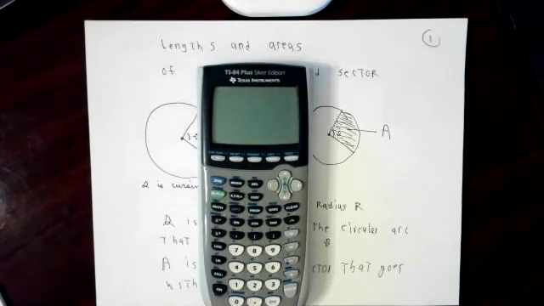There's a calculator issue that you need to be aware of also. We have figured out some of the trig functions for certain angles. We figured out that sine of 30 degrees is 1/2. Sine of 30 degrees is 0.5.